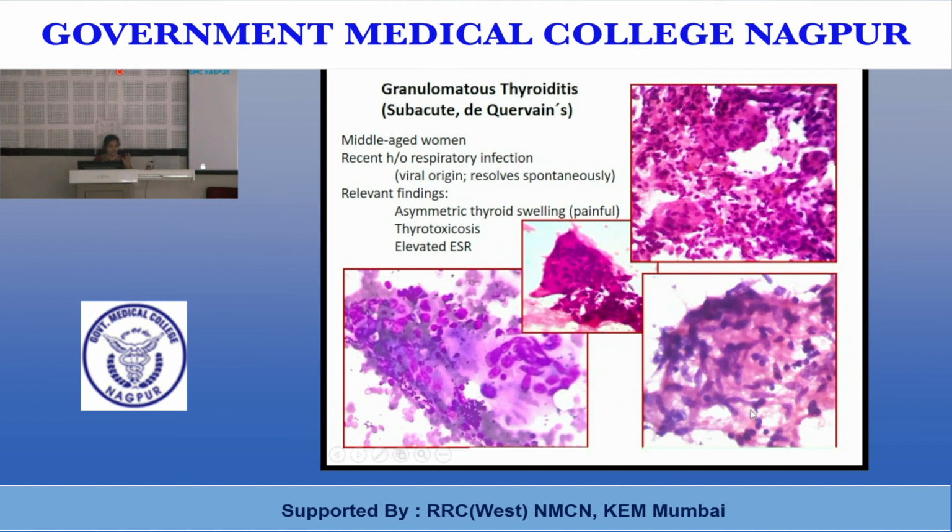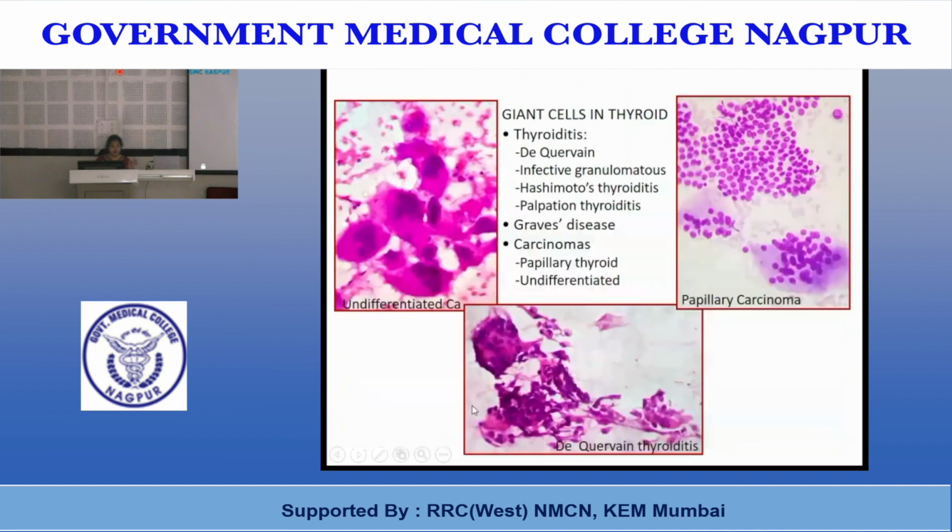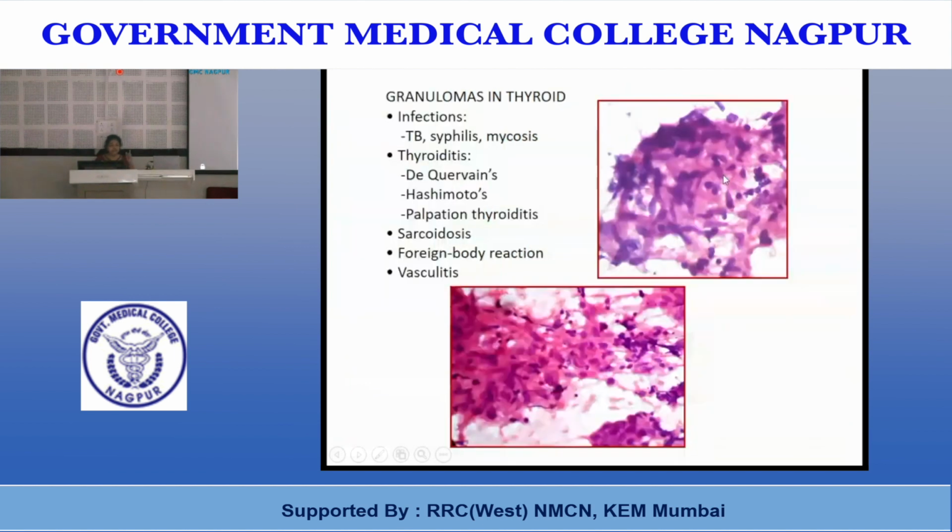You can have such clusters of epithelioid cells, colloid. You have the lymphocytic population, degenerated granular debris in the background. Giant cells are not just found in granulomatous thyroiditis. They can be seen in other thyroiditis and even in malignancies. And with granulomas, the first thing which comes to mind is TB. It is seen in disseminated TB, but it can be seen in other conditions as well.